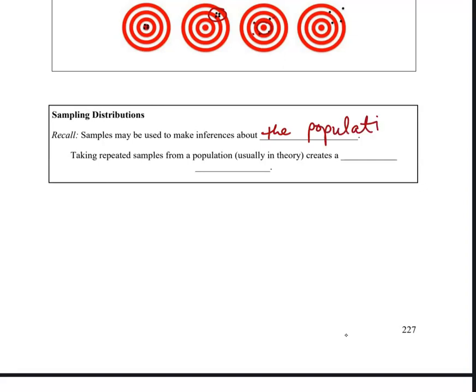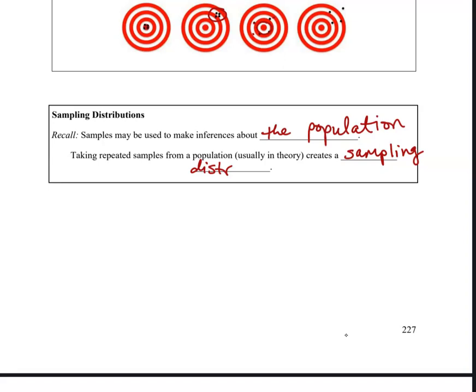The idea, though, is that if we were to repeatedly take samples from the population, and I say usually in theory, if I were to take samples over and over again from the population an infinite number of times, then that creates what's called a sampling distribution.